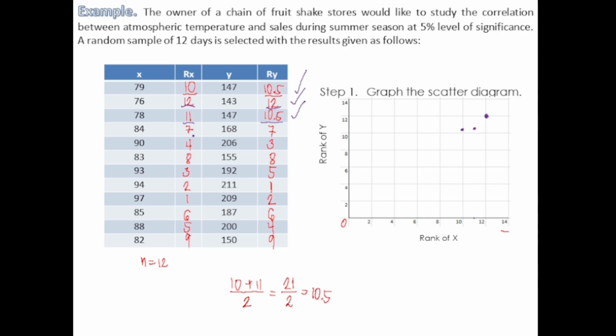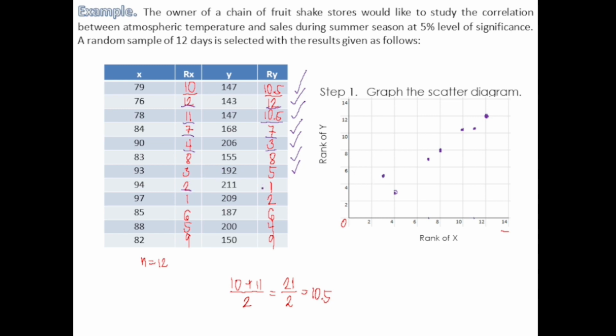Next, 7 tapos 7. 7 nasa gitna siya. Gitna rin to. Okay, nandyan. Tapos 4, 3. Ordered pair 4, tapos 3. Nasa gitna siya dito. Sunod po, 8 tapos 8. Walang problema. Sakto po siya. Nandito po. Tapos 3, 5. 3 nasa between ng 2 at saka 4 at saka 5. Okay, gano'n.